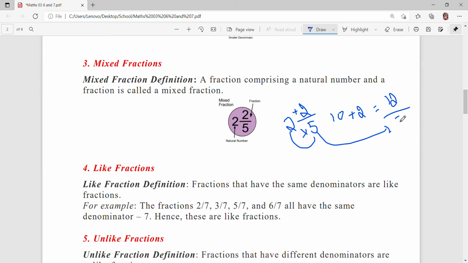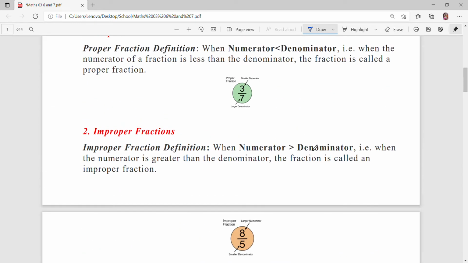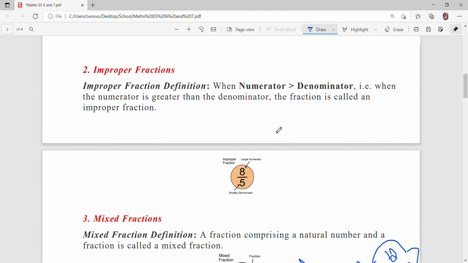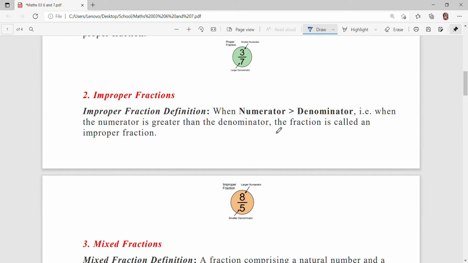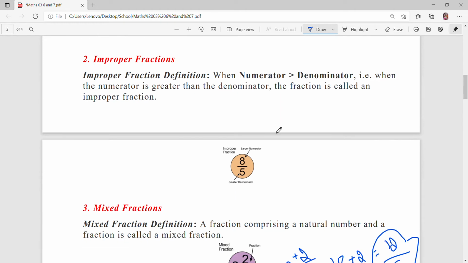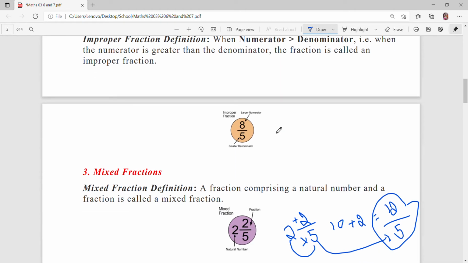12 by 5. Which fraction is this? Is it a proper or improper fraction? You have to find the answer and submit it in the assignment itself. I won't tell you about it.